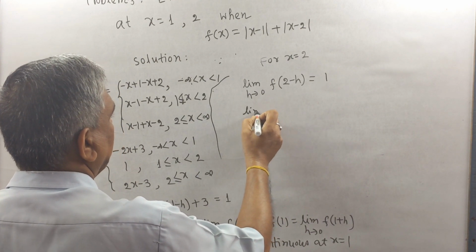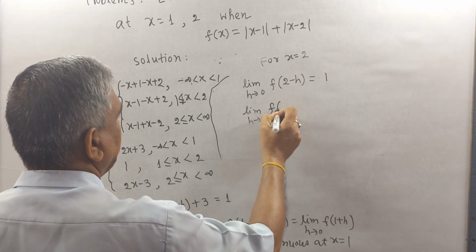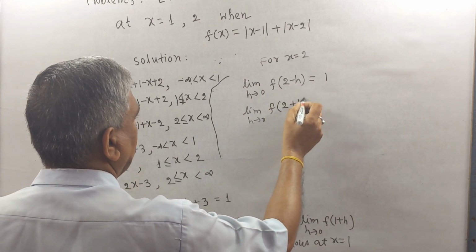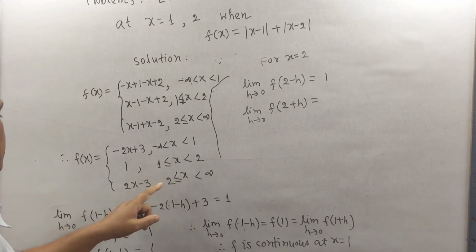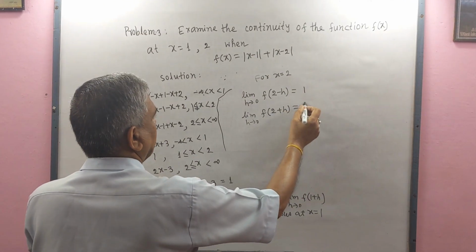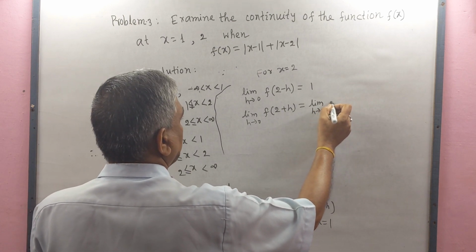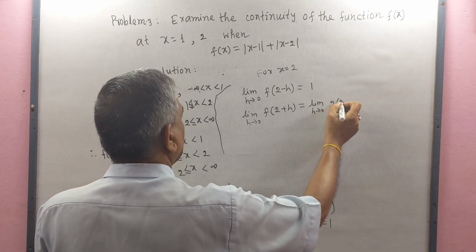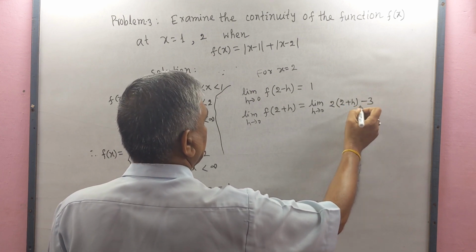Limit h tends to 0, f(2 plus h), greater than 2, is 2 plus h minus 3.